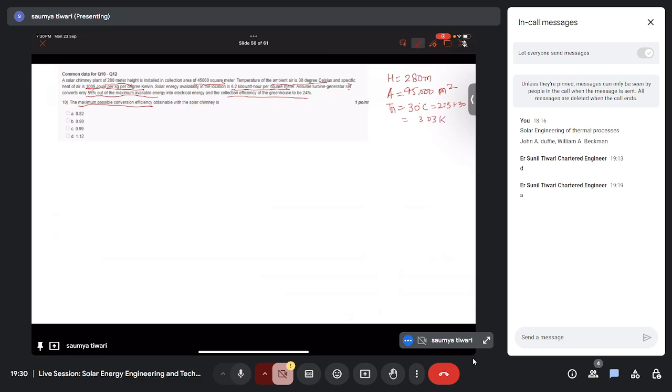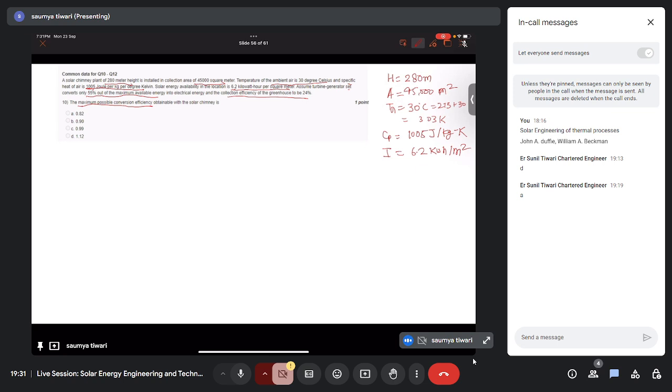Okay. The specific heat of air is given. The CP value is given, 1005 joule per kg per Kelvin. The solar available energy is given at the particular location. So the I value is given, which is 6.2 kilowatt hour per meter square.